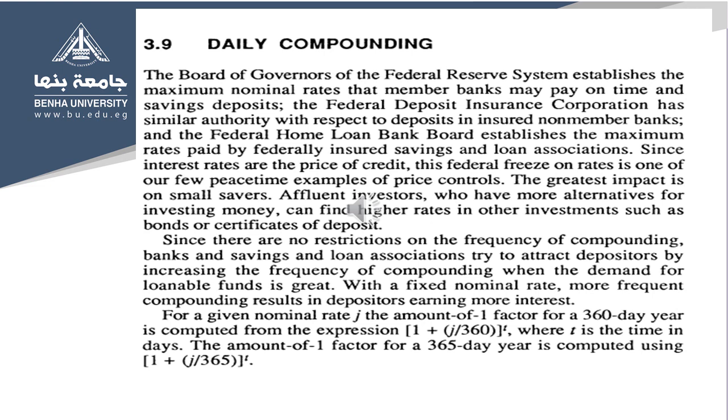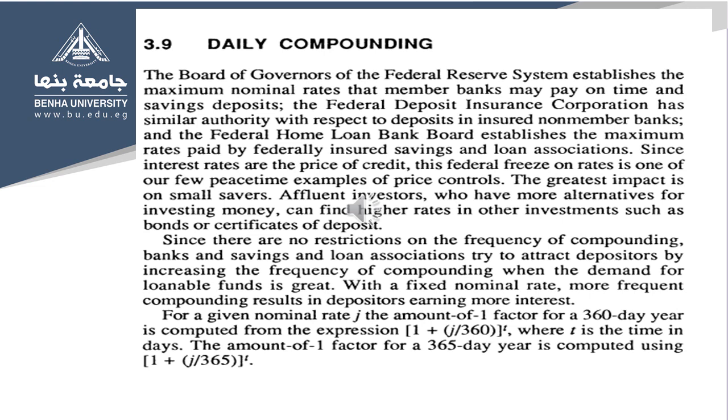Since there are no restrictions on the frequency of compounding, banks and savings and loan associations try to attract depositors by compounding more frequently. With a fixed nominal rate, more frequent compounding results in depositors earning more interest.